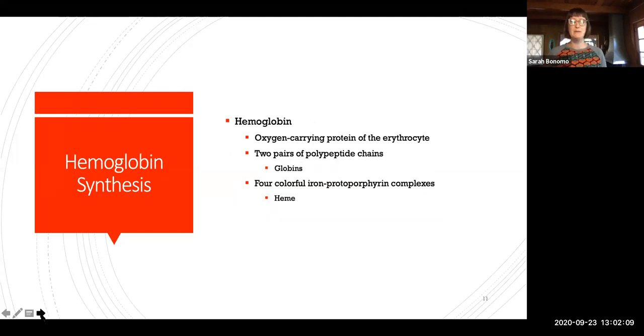Okay, so let's talk about hemoglobin synthesis. So we know that hemoglobin is the oxygen carrying component of an erythrocyte. There are two pairs of polypeptide chains, which are referred to as globins, as in hemoglobin, right? And then four colorful iron protoporphyrin complexes, that's a hard word to say, which are the heme.